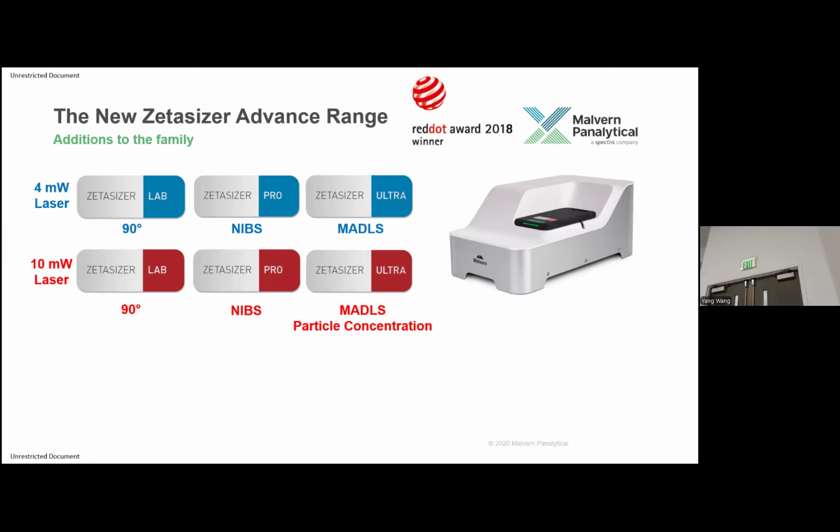And then we have the Ultra, which has side scatter, backscatter and forward scatter. The Ultra has all 3, and that has some extra benefits as well.